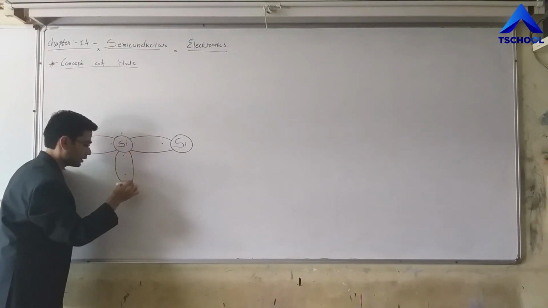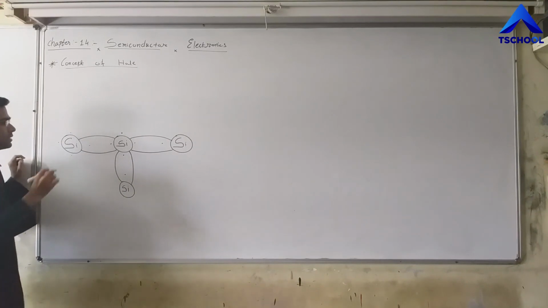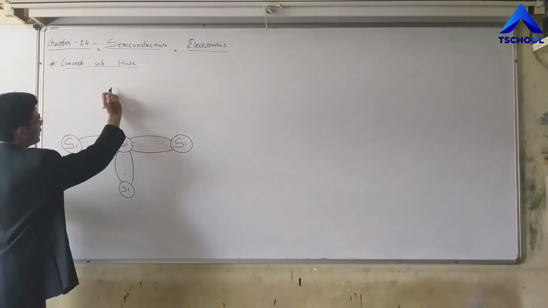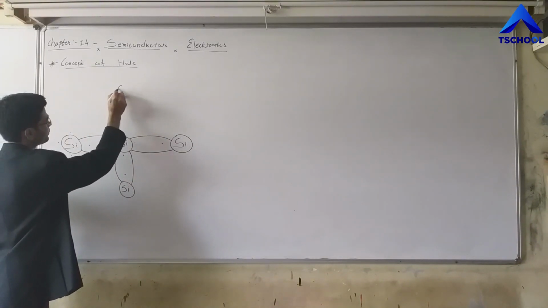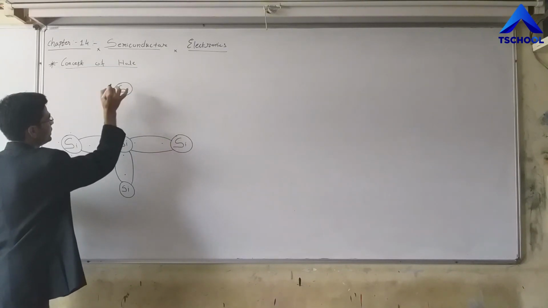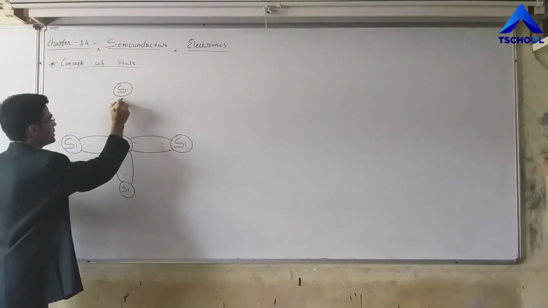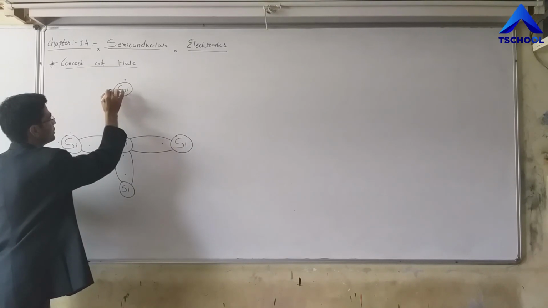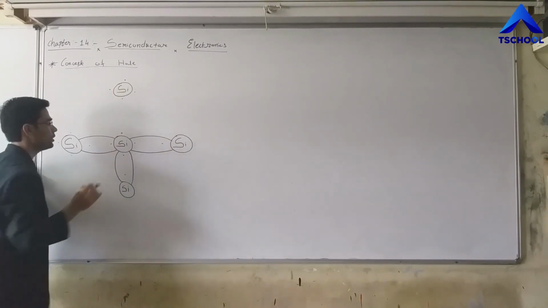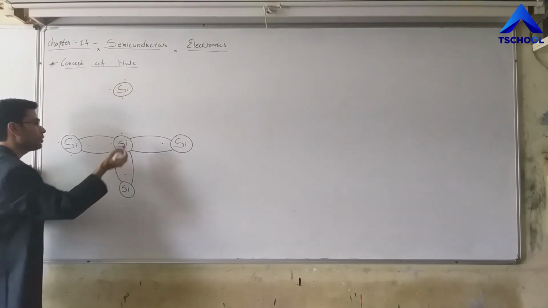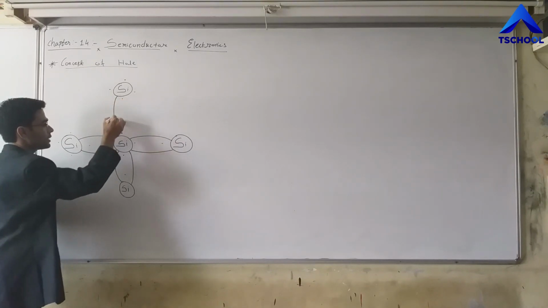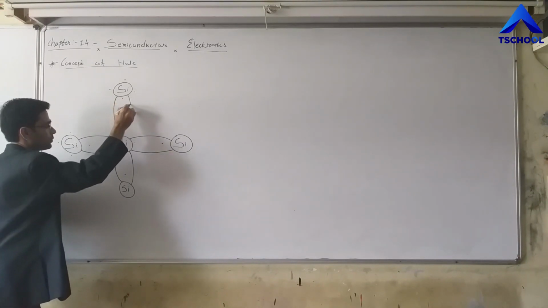That's why the conductivity is very low, approximately 0. That's why we can say at absolute 0 Kelvin temperature, silicon and germanium behave as insulators.